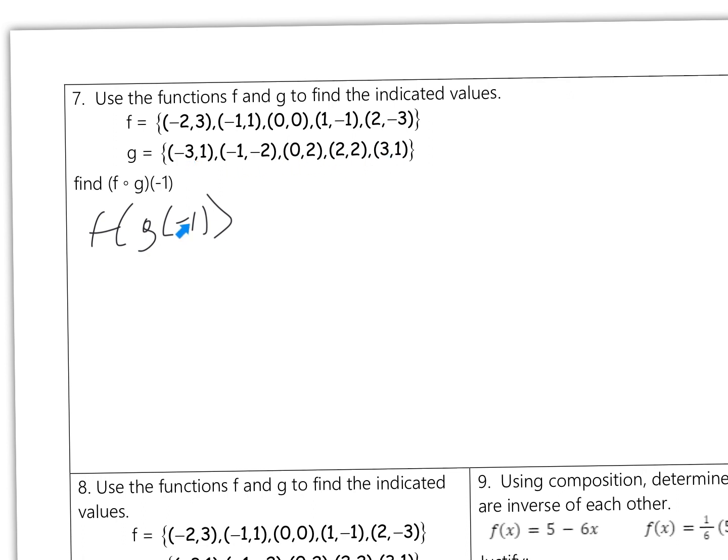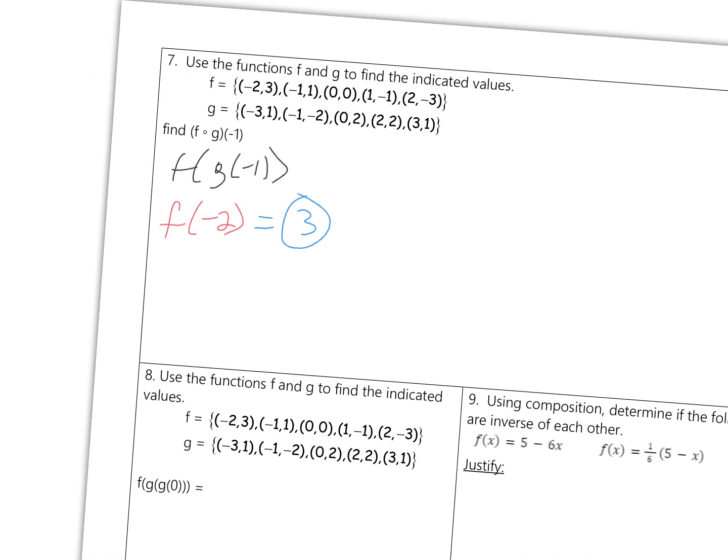So the g of negative 1, well, when x is negative 1, here on g, you can see that the outcome is negative 2. So when we evaluate negative 1, we get negative 2. So now we are finding f of negative 2. Well, when you go up to f and you see negative 2, you see that f of negative 2 equals 3. So your answer would be 3.